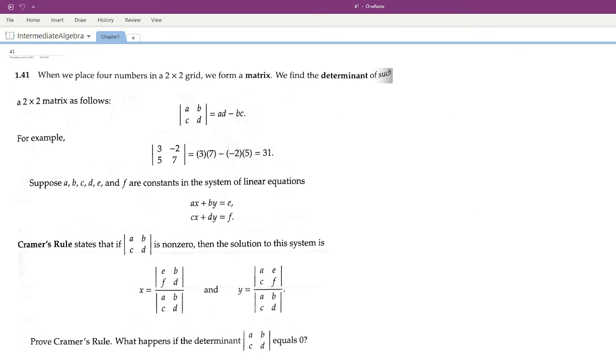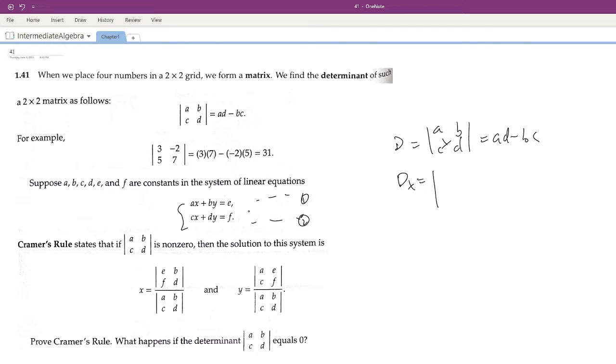Okay, so problem 41. Problem 41 is Cramer's rule, right? So this has been covered in the Intro to Algebra, right? So you know the 1 and 2. To solve this one, we can define D as the determinant a, b, c, d, and it's equal to AD minus BC.